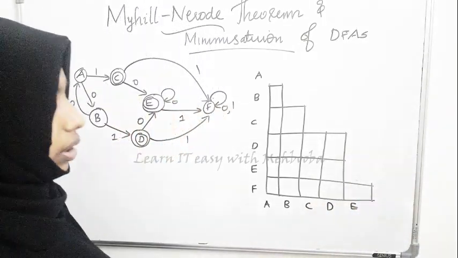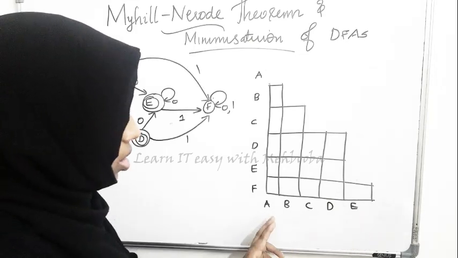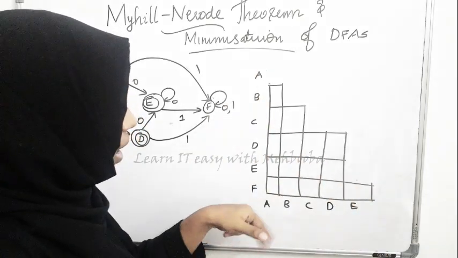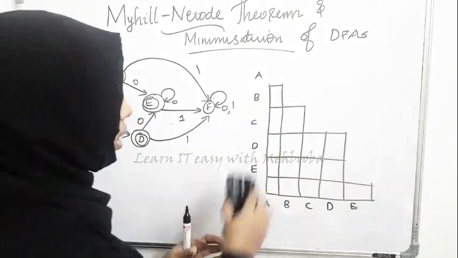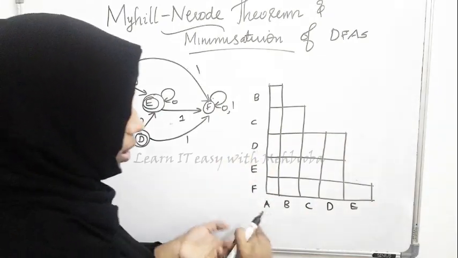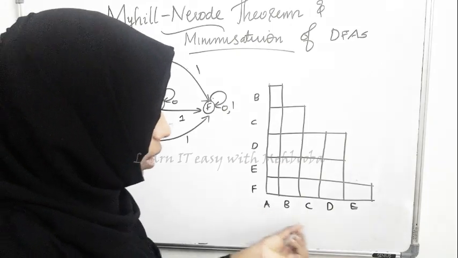When you are doing this, there is a trick. On the horizontal axis, you can start with the first state and omit the last state. On the vertical axis, you can start with the second state.